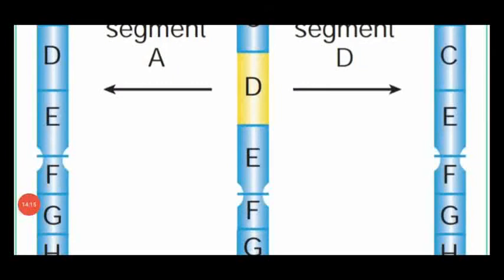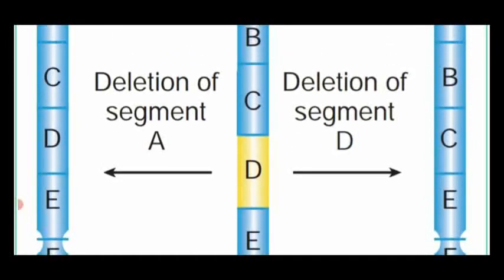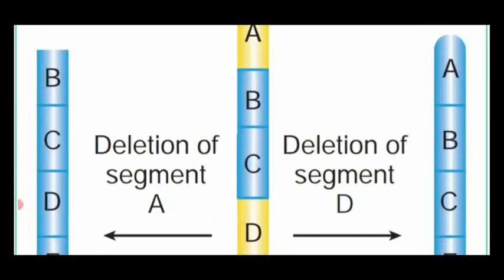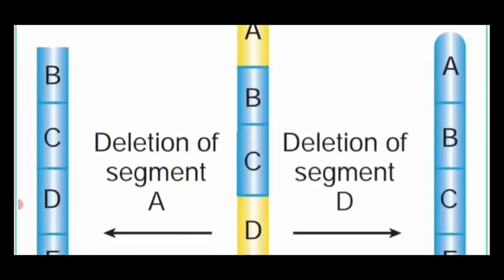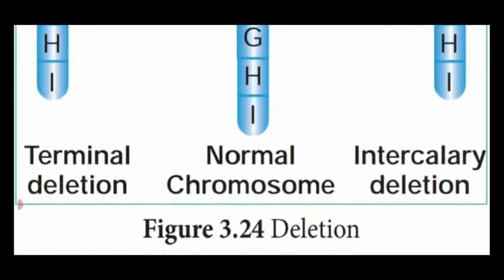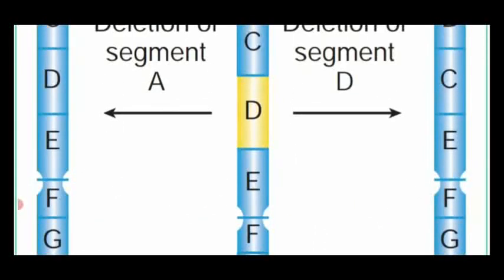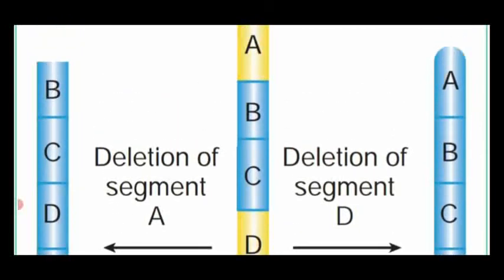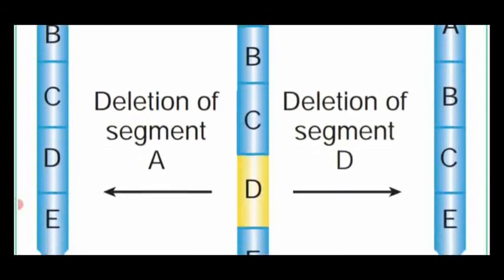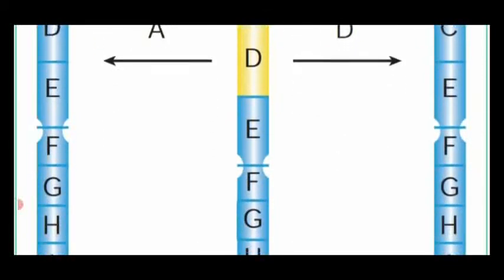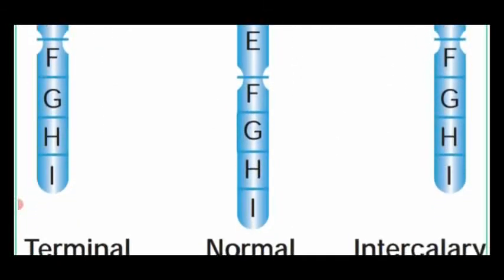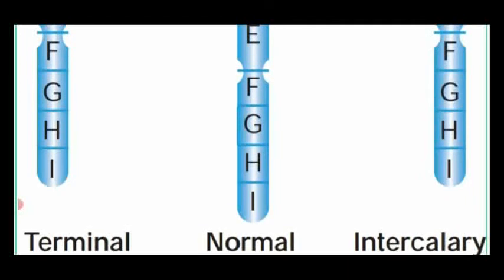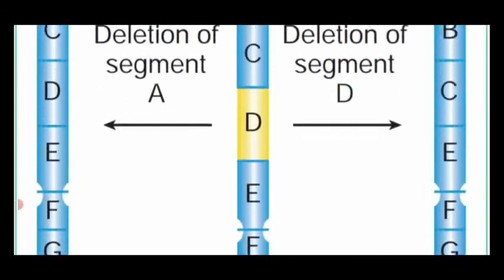Dear students, see the diagram which shows the deletion of a gene loci. See the center diagram. This is the chromosome which has two arms. In these two arms, there are different genes: five genes, A, B, C, D and E, and on the other arm F, G, H and I. So this is the normal chromosome.